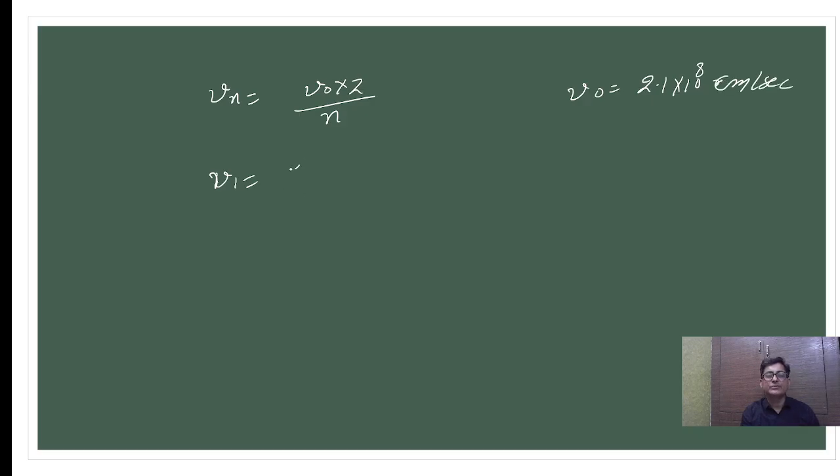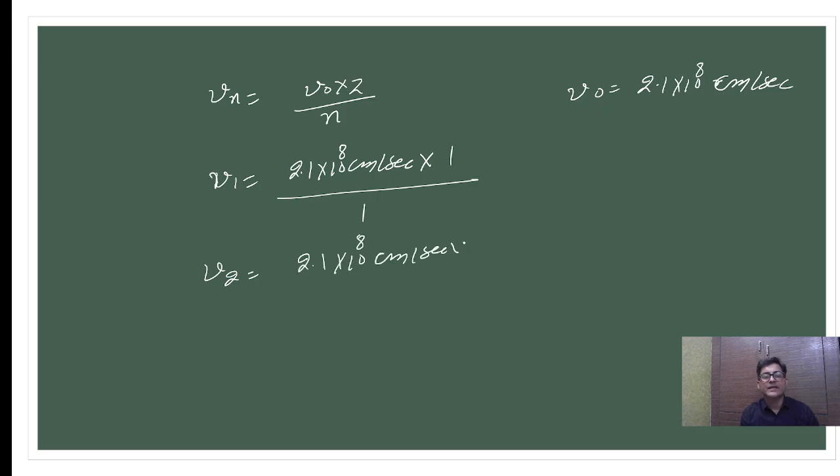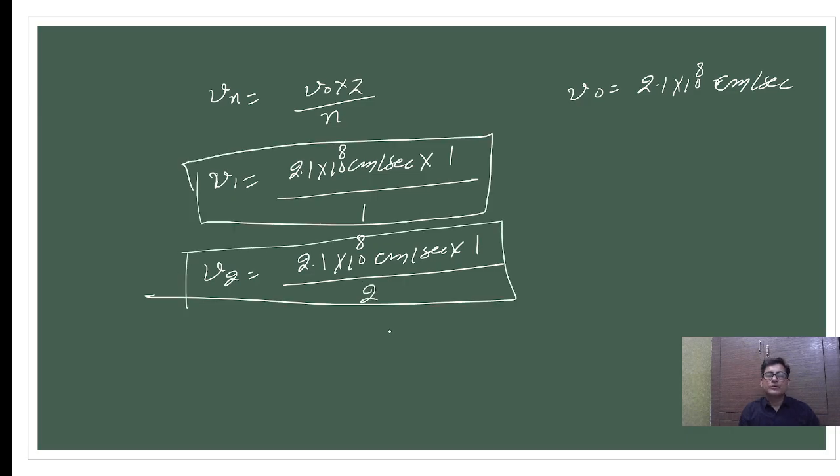Putting these values, Z is equal to 1 and the number of the shell is also equal to 1. Then the velocity of an electron in the second shell is 2.1 into 10 raised to the power 8 centimeter per second into 1 divided by 2. So you have seen that we can find the velocity of an electron in different energy levels as proposed by Bohr.